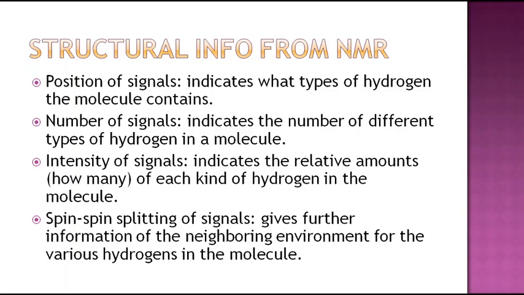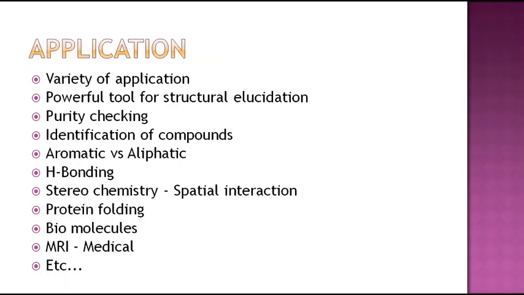If the signal splits into two, that is called a doublet, which means there is one proton adjacent to this proton. If the signal splits into three, that is called a triplet, which means there are two protons adjacent to this proton. Similarly, we get much information about adjacent protons based on the splitting pattern, right?